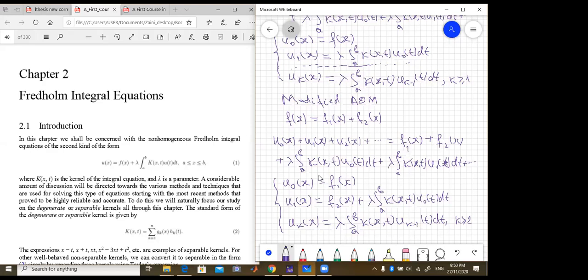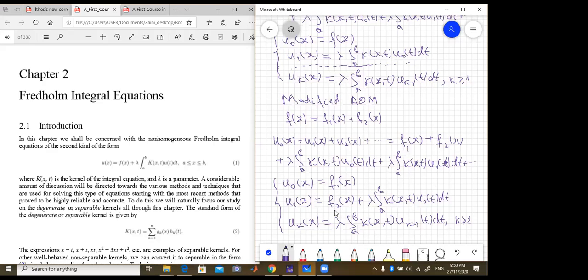Actually, choosing this initial guess plays a very important role in the approximation, or in all types of semi-analytical methods, especially when we solve a nonlinear problem. It is more important. For the linear case, we have more choice and it is easier for calculations, so this is okay. But in the nonlinear problem, it is very, very important.